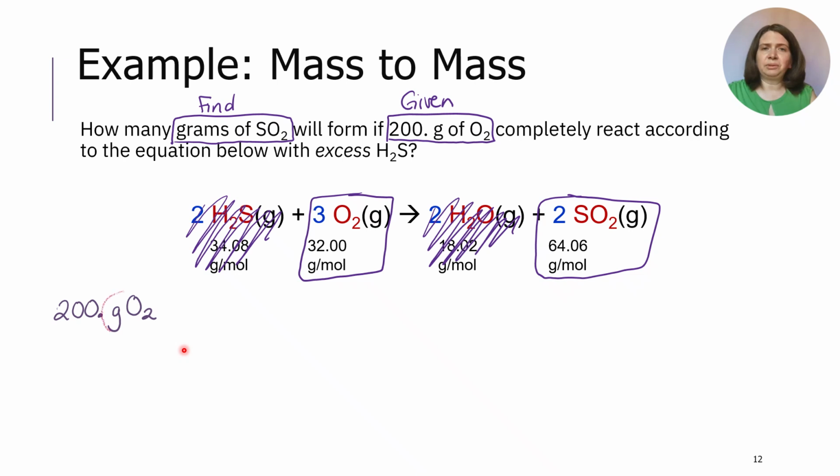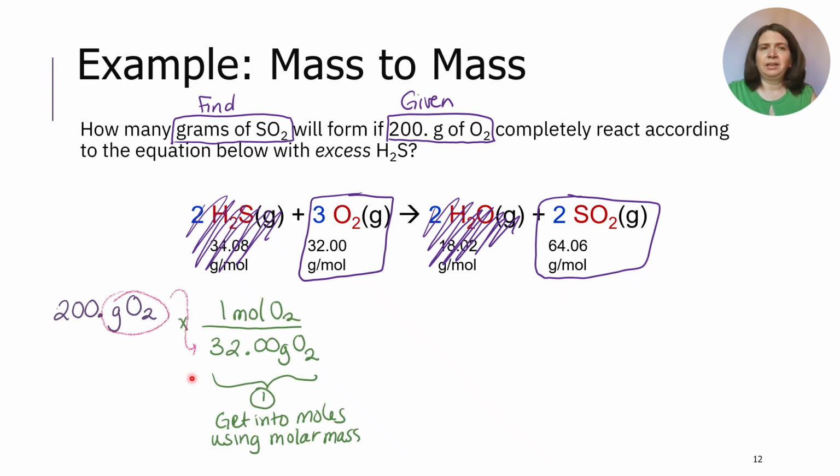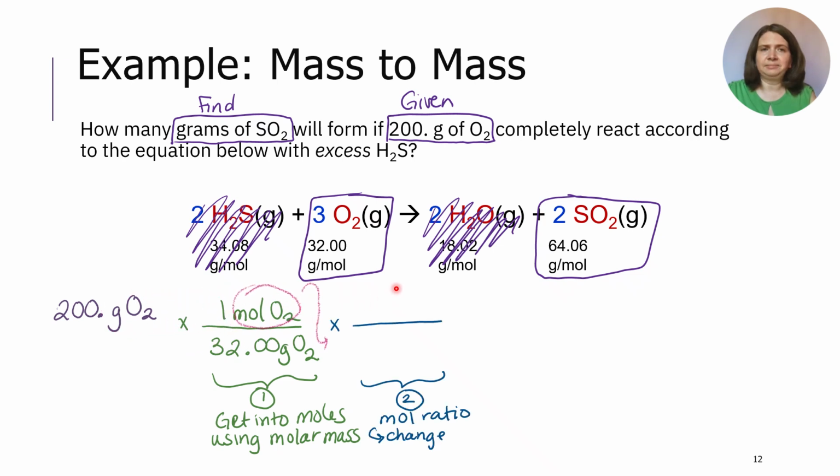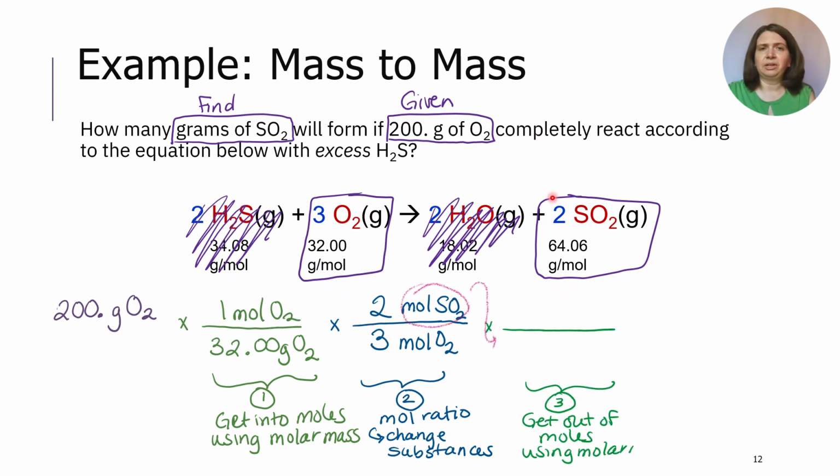First, I use the molar mass of O2 to convert from grams of oxygen into moles of oxygen. Next comes the stoichiometry step. Using the balanced equation, the molar ratio is 2 moles of SO2 for every 3 moles of O2. Finally, I convert from moles of SO2 into grams of SO2 using its molar mass.